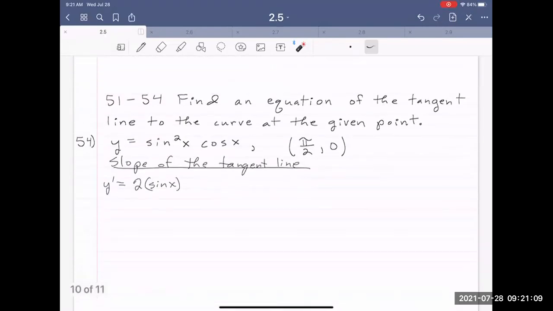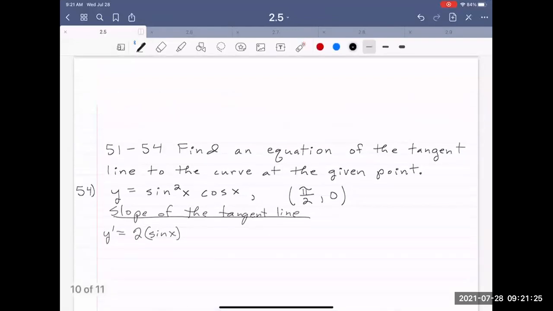So that's what I mean by here. I'll rewrite what's inside the parentheses to 1 less times the derivative of what's inside the parentheses. Well, the derivative of sine x is cosine x.